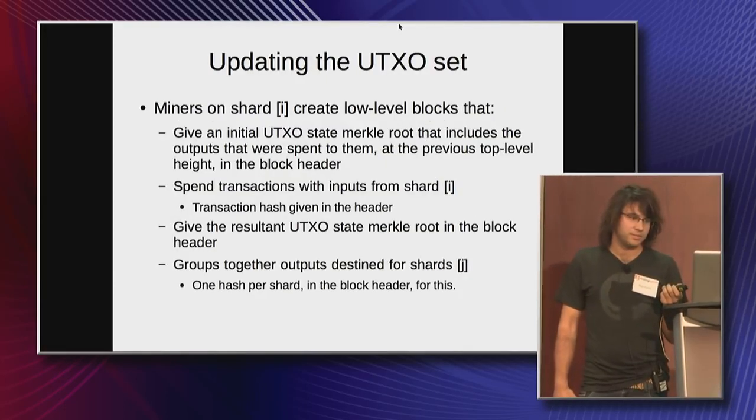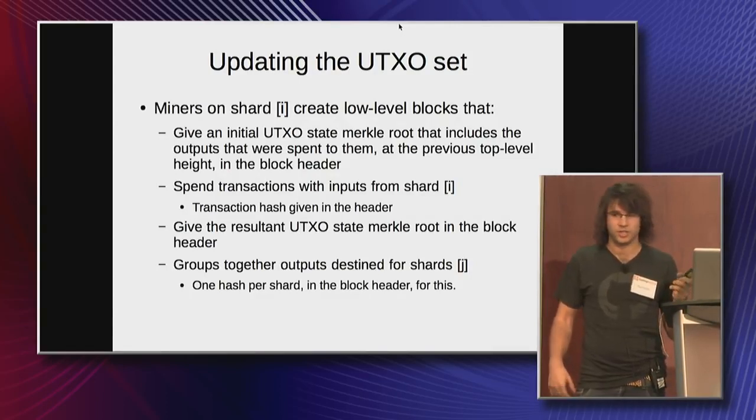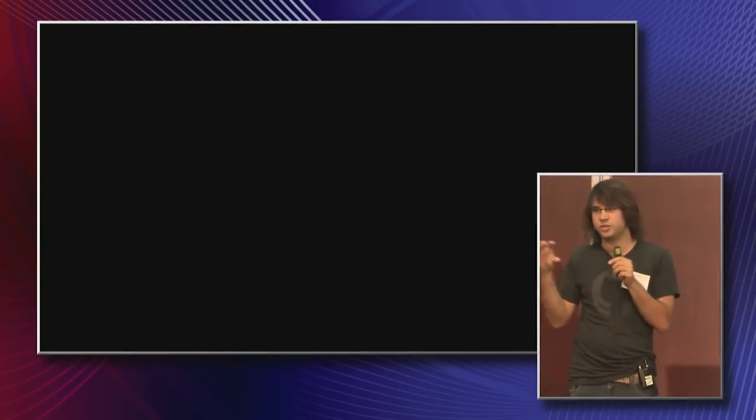So basically there's two levels of blocks. There's the top level blocks that deal with estimating people's mining power and assigning them to shards, and then there's low level blocks that are produced in every shard in order to spend these outputs. And then everyone will be a light client on all other shards: they're not validating.